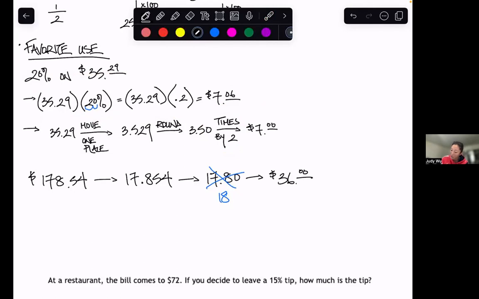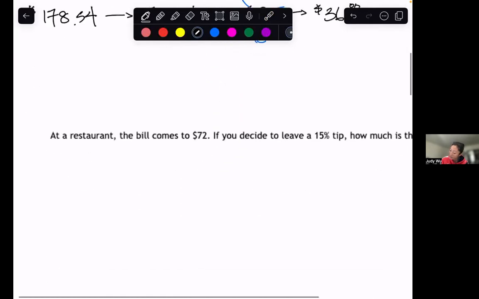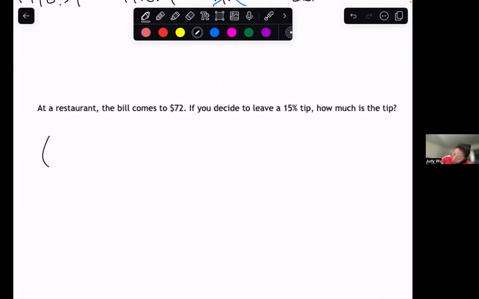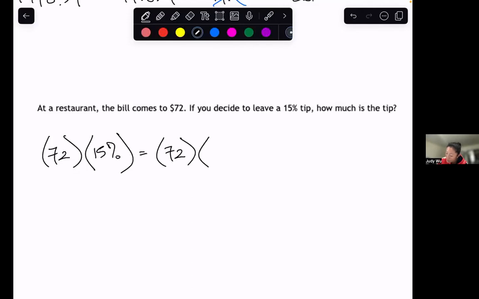Over here, we did 35.29 times 20%. We had to move our decimal and then we could put it into our calculator. So let's think about what this would be here. Our bill is $72 times 15%. 15%, we really have moved that decimal 2 places to the left, so it's 0.15. And let's put that into our calculator and we get $10.80 for a tip.